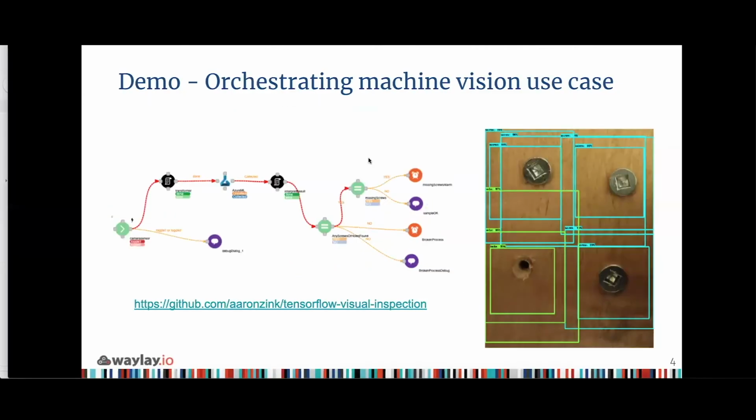So what are we using Waylay for? Waylay is going to orchestrate the machine vision use case, which means that when the camera indicates that it has an image available at a certain location, that could be an S3 bucket or any storage location, the URL to that location will be fed to the TensorFlow algorithm running on Azure ML.